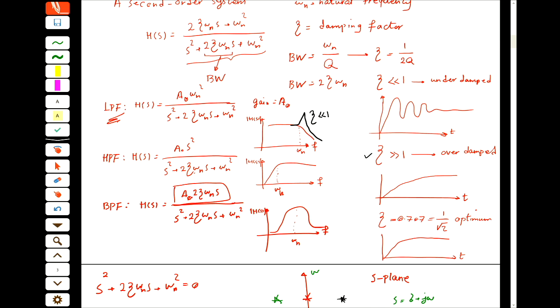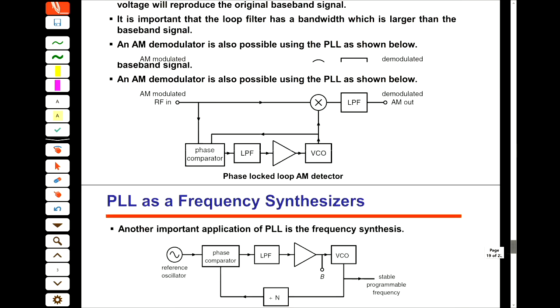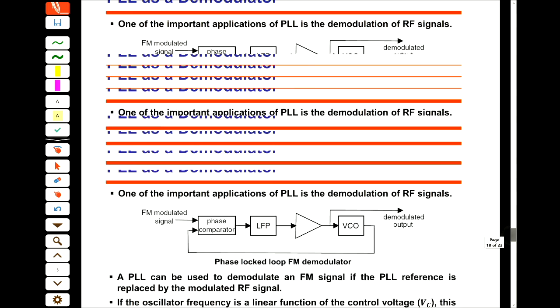So it is A naught 2 zeta omega S. So then it's different. Okay, so this is the gain. And then you have to equalize that with the value that you got here.